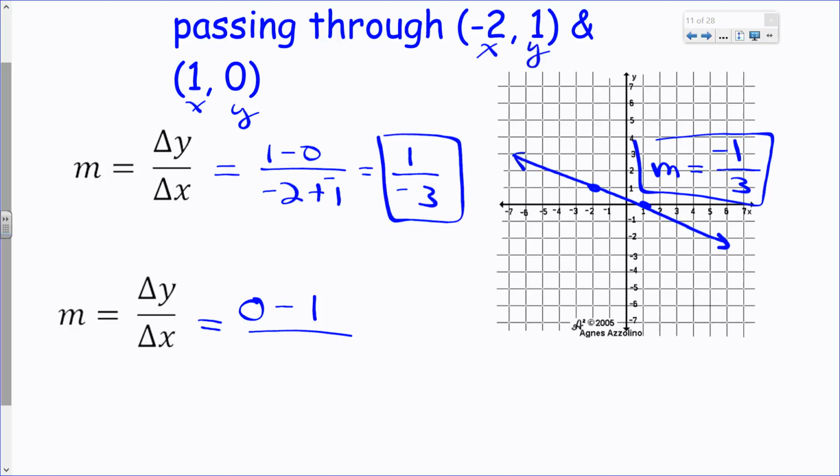Delta x, 1 minus a negative 2. That's my denominator. Notice they'll still become negative 1/3. 0 minus 1 is a negative 1. 1 minus a negative 2 is 1 plus 2, which is 3, negative 1/3. Doesn't matter where the negative is. If it's on the top or the bottom, it makes the whole fraction negative, right?